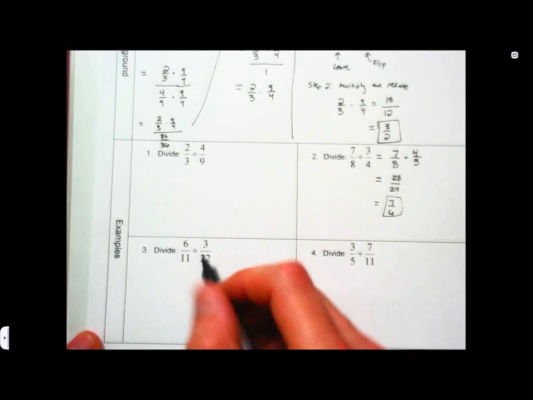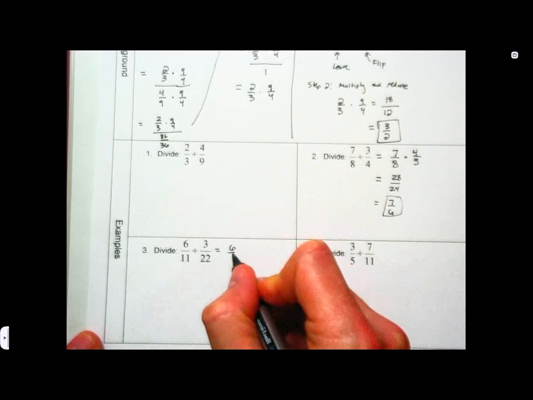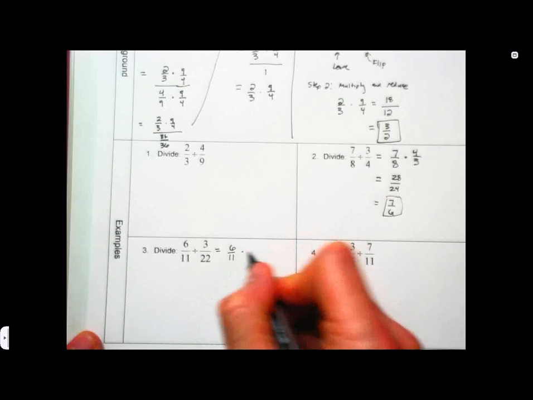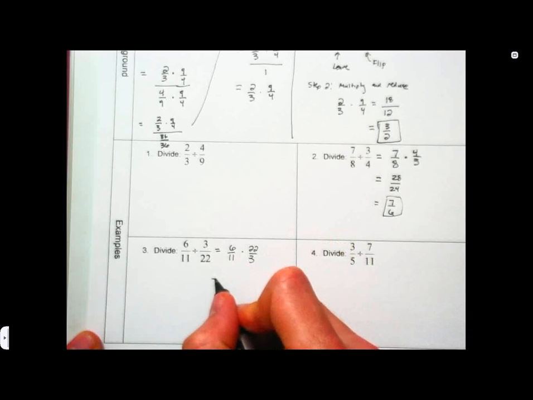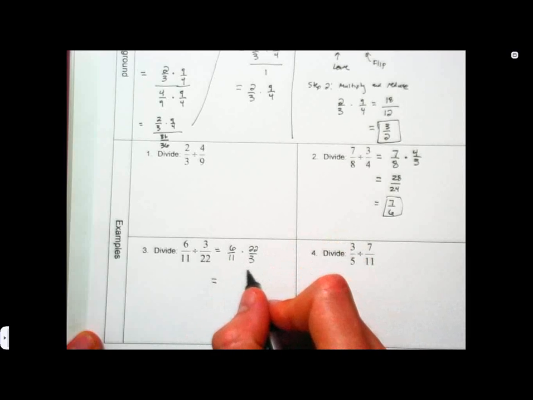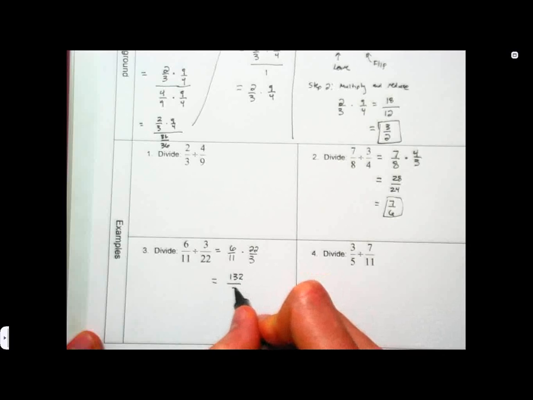Okay, try numbers 3 and 4. Pause the video and then restart after you've given them both a try. So number 3 should have written as 6 over 11 times 22 over 3. If you multiply across, I think you'll end up with 132 over 33.